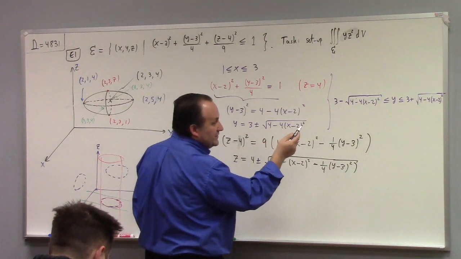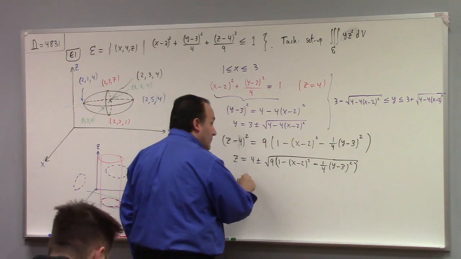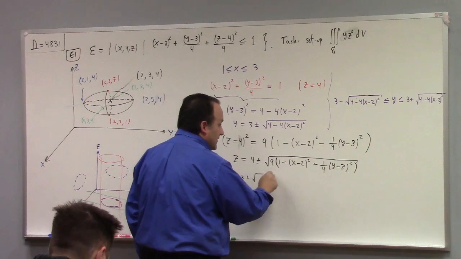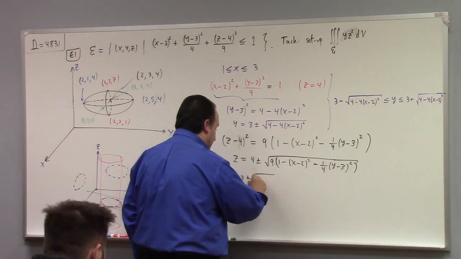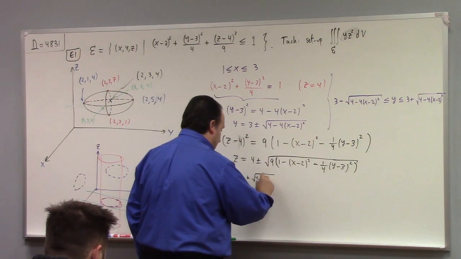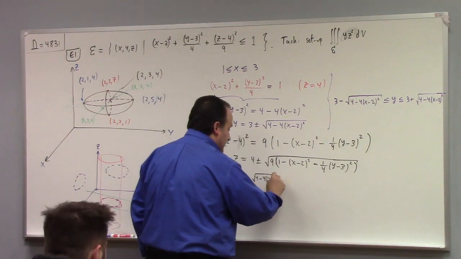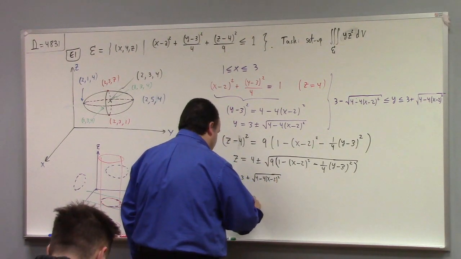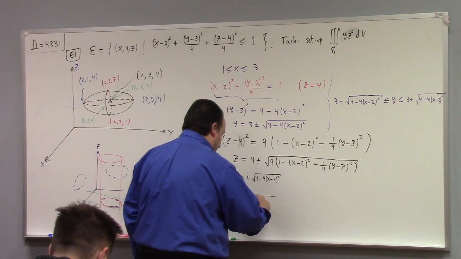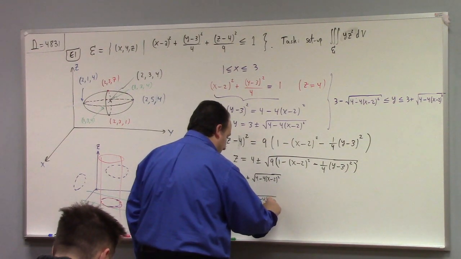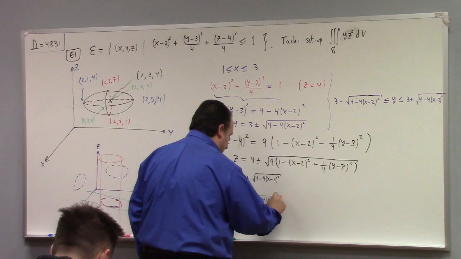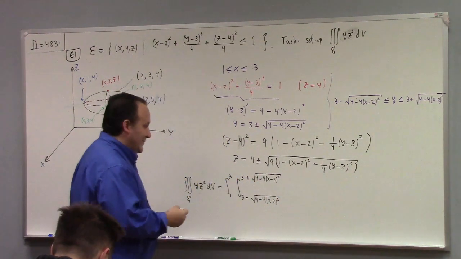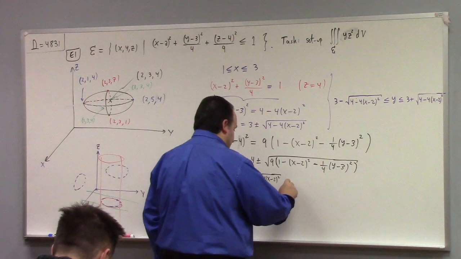My y was 3 plus the square root. I should really just give it a name, but I'm going to write it out here. Minus 4 times x minus 2 squared, and then 3 minus the square root of 4 minus 4 times x minus 2 squared. Some of this is bothering you that I haven't pulled the 2 out of that. It's bothering me too a little bit, but I'm just going to grin and bear it.